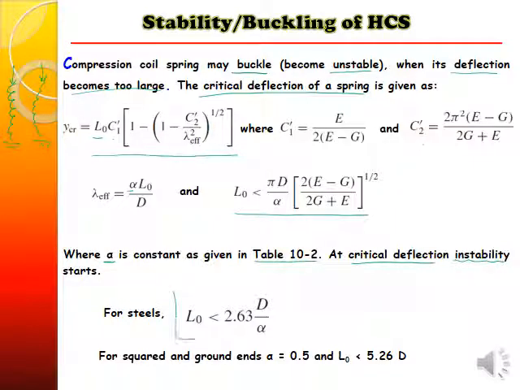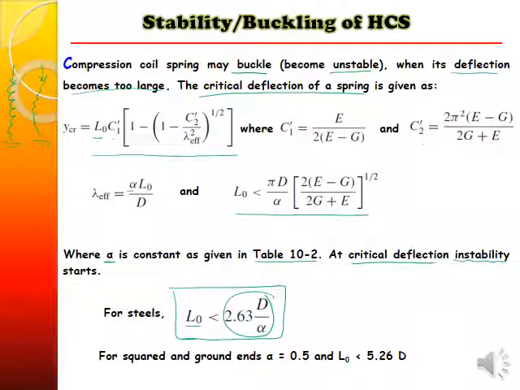In a very simplified form, from all these equations, what we can find out for steel is this: if the free length is less than 2.63 D over alpha, then the spring will not buckle.